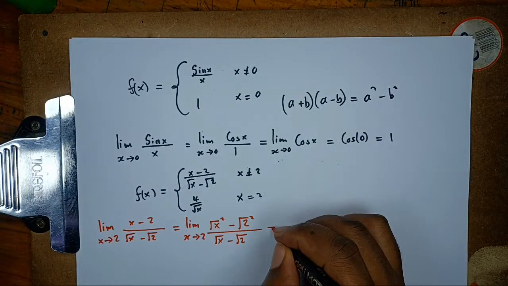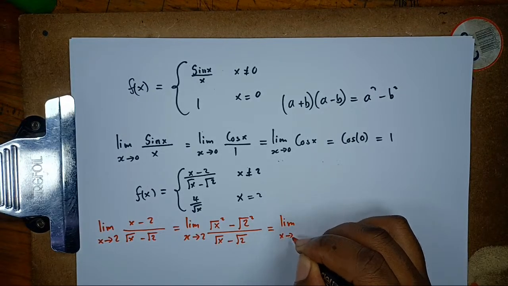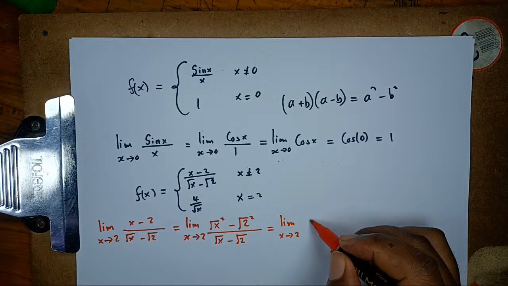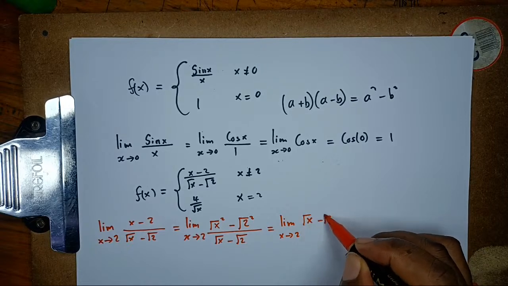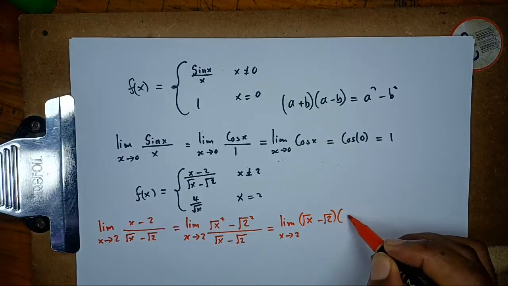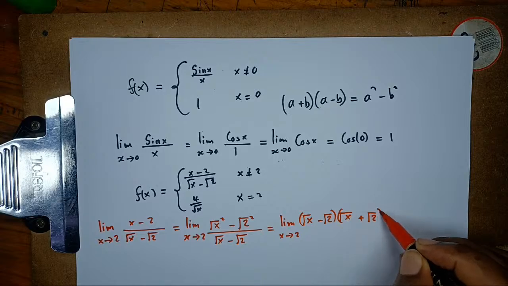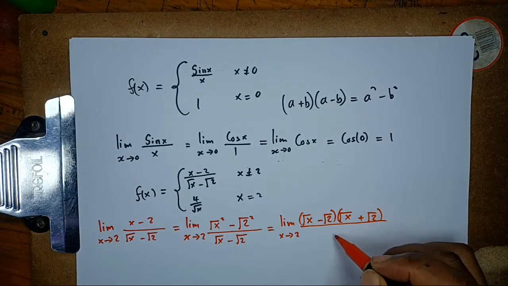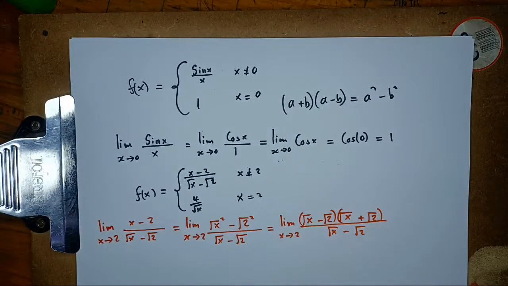So this will result in the limit as x approaches 2 of root x minus root 2, times root x plus root 2, divided by root x minus root 2. Now, at this stage, it's clear that this and this will just cancel, leaving us with root x plus root 2.